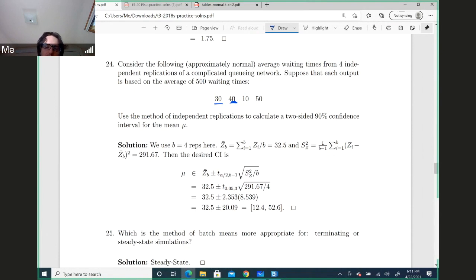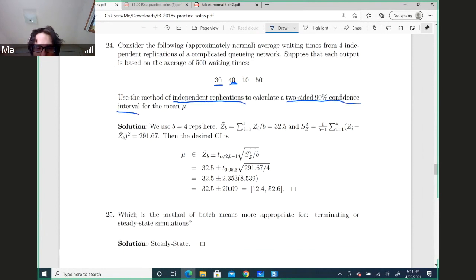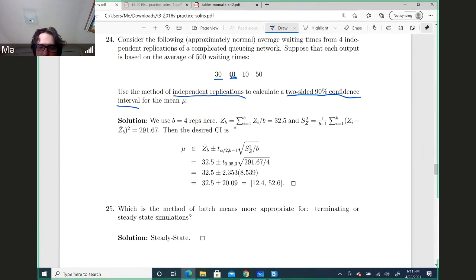There's a bunch of those things, and I would recommend just having all those equations on your equation sheet and knowing how to use them. So in this case, we're using the method of independent replications to calculate this two-sided 90% confidence interval. So yeah, you can follow this math. This is very similar to stuff done in lecture and stuff on your homework. But at the end, you get a confidence interval.